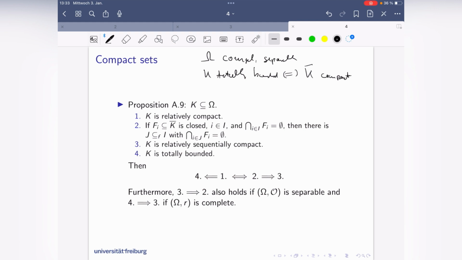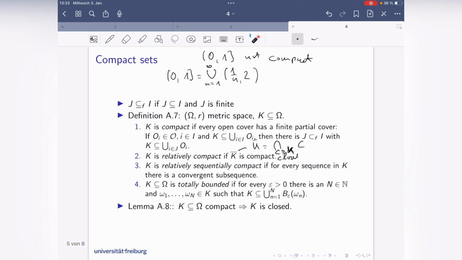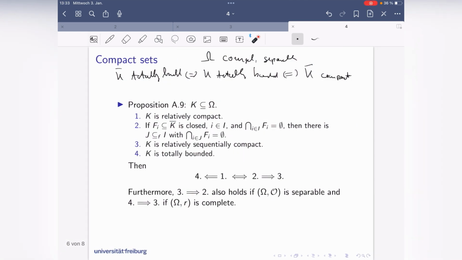And one thing which also holds is that K is totally bounded if and only if K bar is totally bounded. Because having the closure of a set means that you just need to increase the radii of the balls that you need for total boundedness by a very small bit. That means K is totally bounded if and only if K bar is totally bounded.